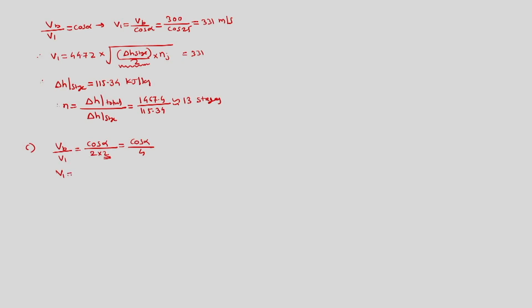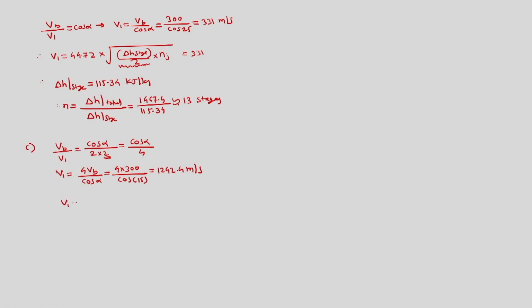So V1 is equal to 4 Vb divided by cos alpha, which is 4 into 300 divided by cos 15, since 15 degrees is given in the example. For that we get V1 as 1242.4 meters per second.